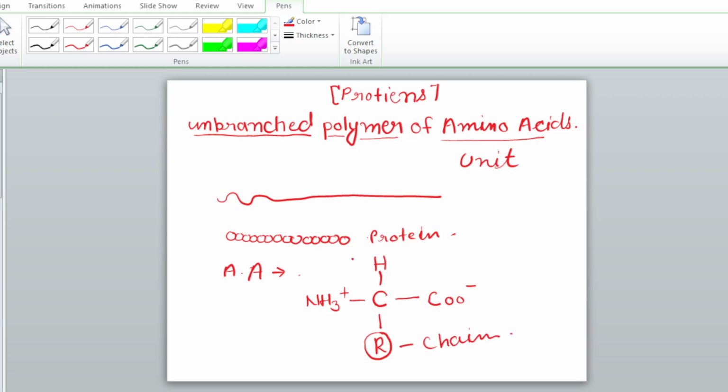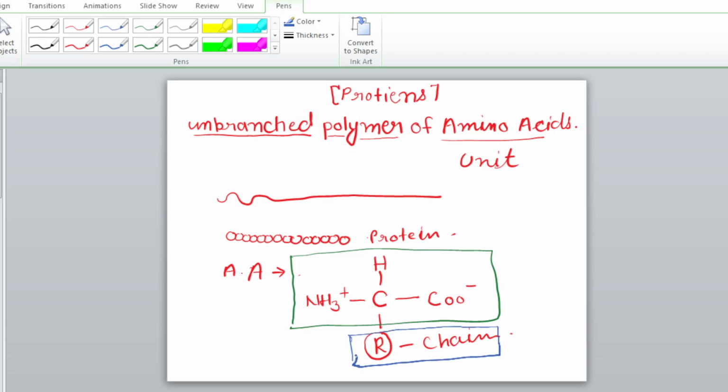This is the basic structure of amino acid. In the amino acid structure, this portion is always the same, but the R chain is different in different amino acids.